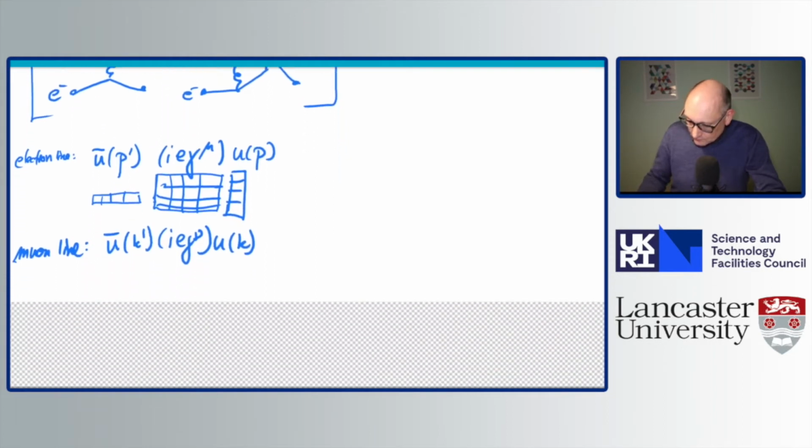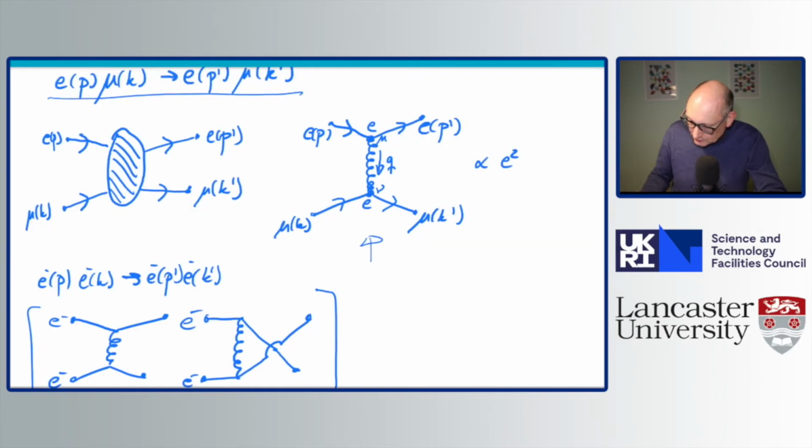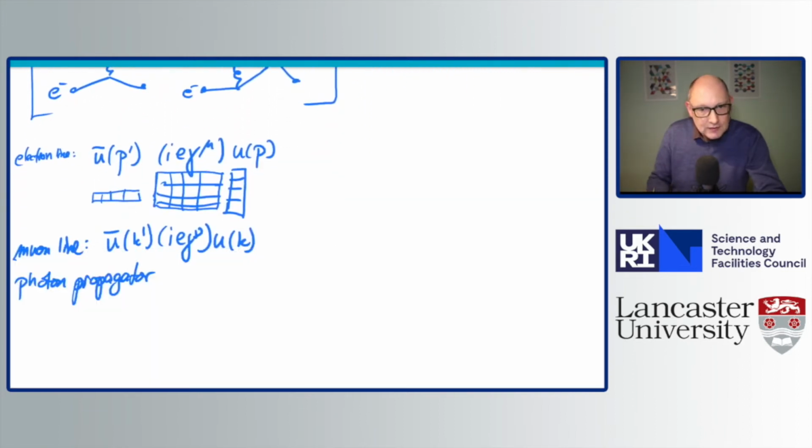Now for the photon propagator, connecting the vertex with the mu and the vertex with the nu, there's a photon propagator. That photon propagator will be, in Feynman gauge, where the momentum q is p prime minus p, or k minus k prime, where the propagator is particularly simple, simply minus i g mu nu over q squared.